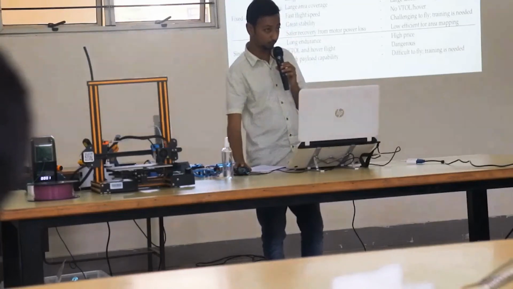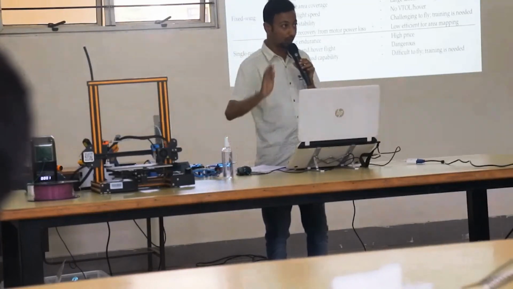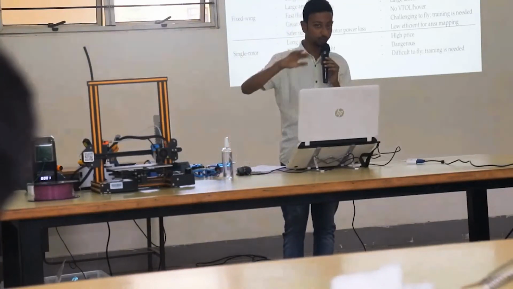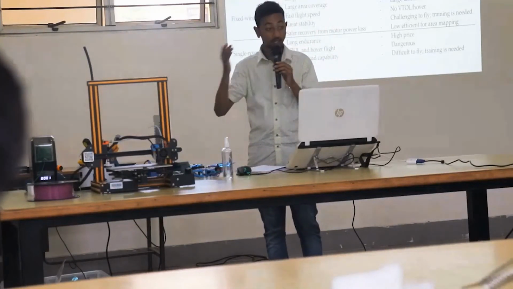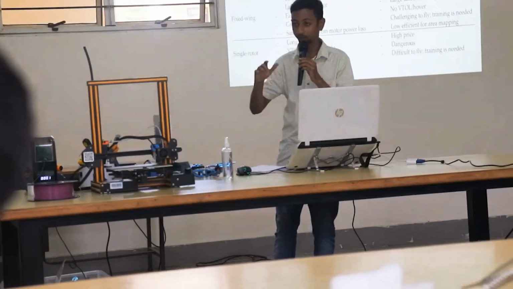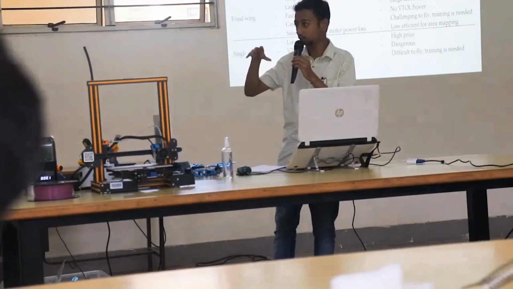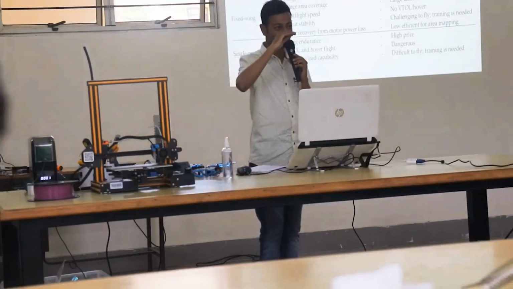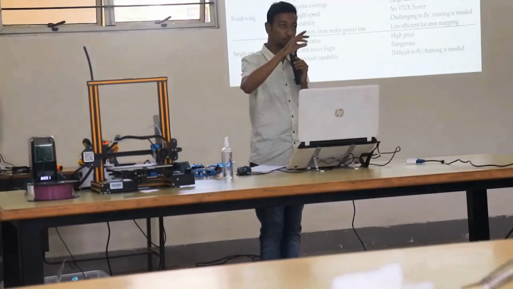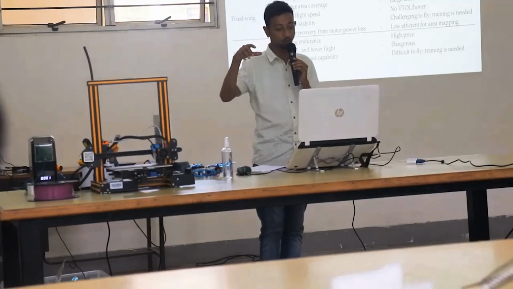So what are the disadvantages? Since it is a multi rotor, more than one motor will be there. We need more energy, so it is less efficient, because the thrust generated by the drone should be more than the weight of the drone. For that reason these are not aerodynamically good, but they are best for doing some work, and not best for doing other work.